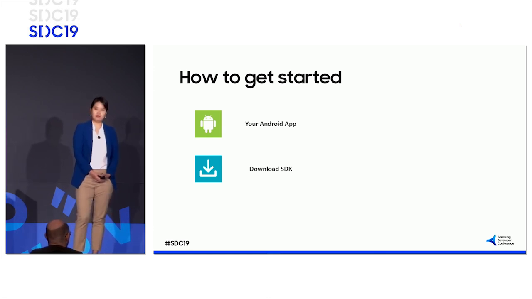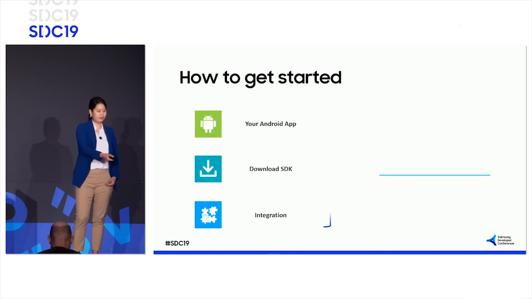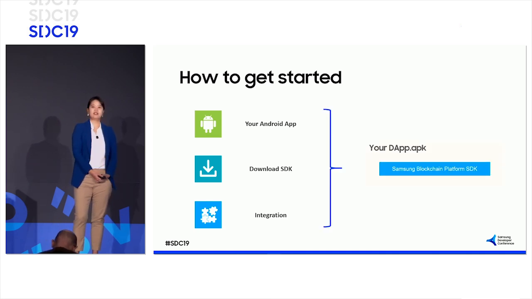It is open to the public from today, so you can download it anytime. And integrate with it to make your installable DApp. Now, your DApp has Samsung Blockchain Platform SDK inside of it.